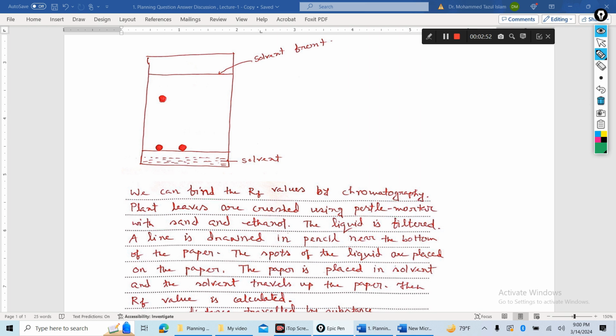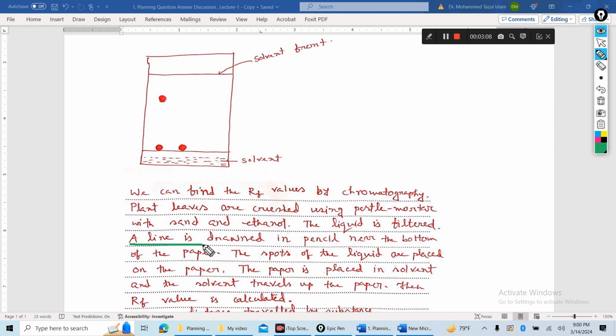Then the liquid is filtered. You will get a filtered clear solution.